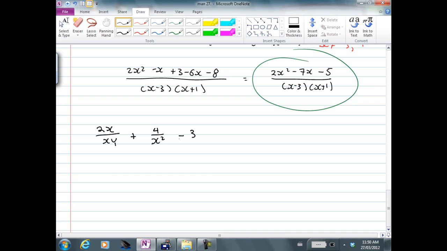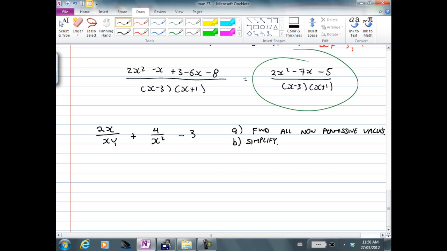I'm going to ask you a few things. Number 1, find all non-permissible values. Question, letter B, simplify. And this will end up for before we hit lunch.